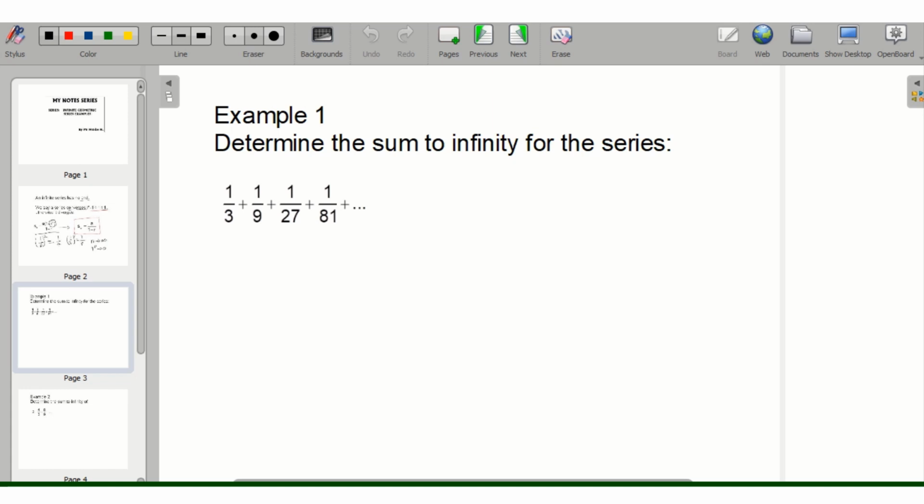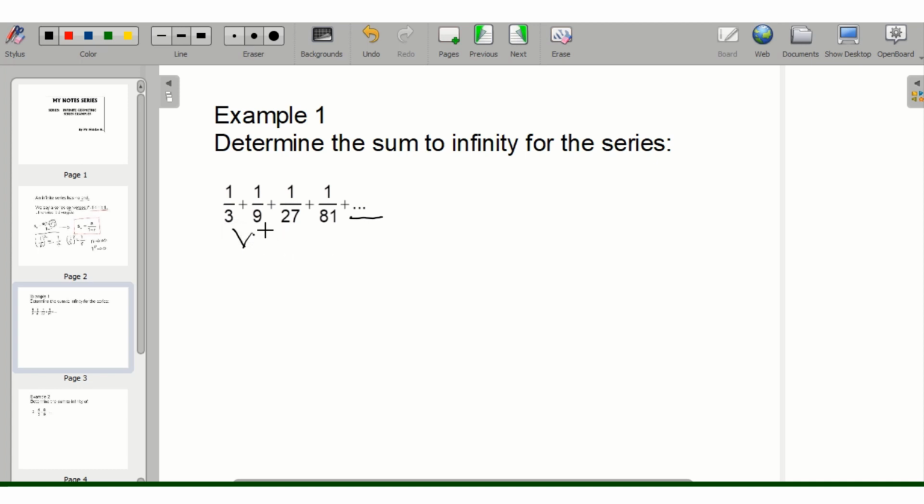So firstly, we are given 1/3 plus 1/9 plus 1/27 plus 1/81, and the dots indicate that it goes on forever.